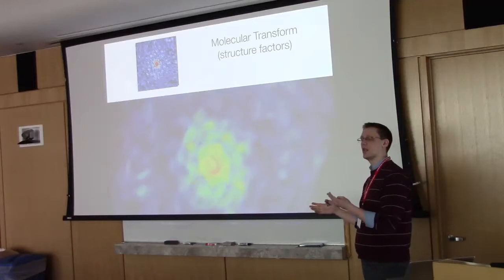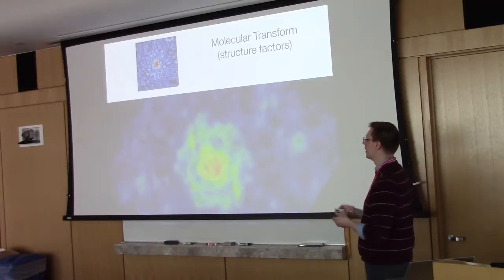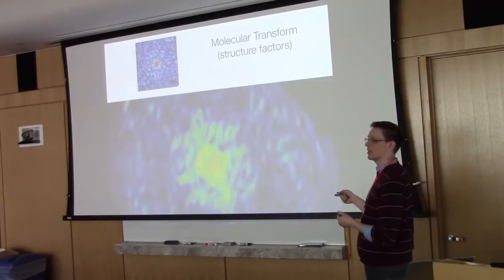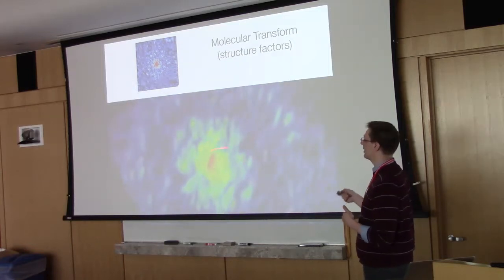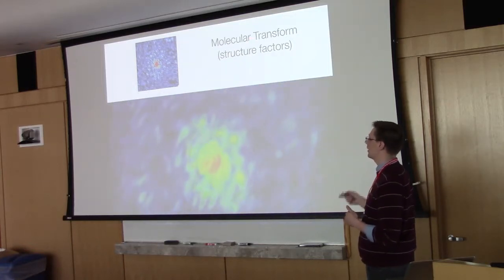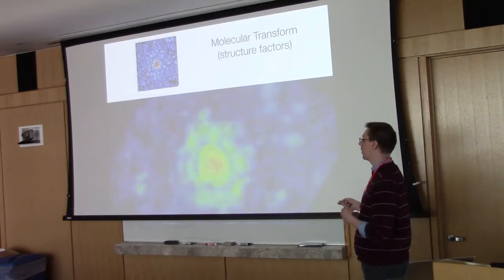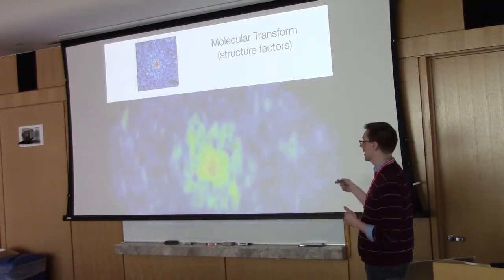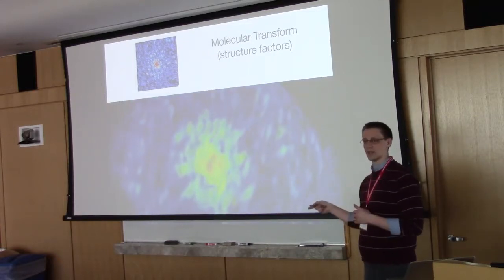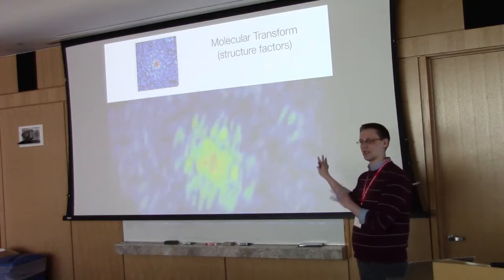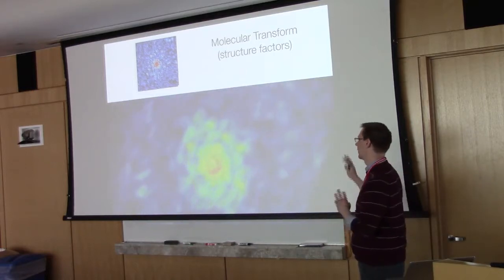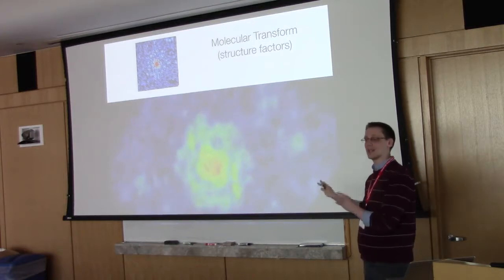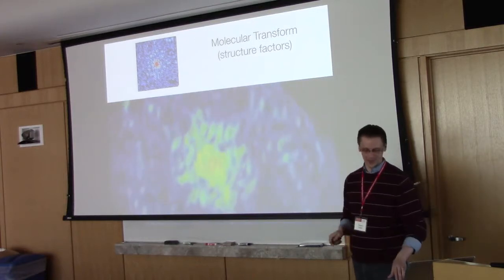So if you took the electron density function and you calculated a Fourier transform, you would end up with this. What I'm showing here are actually the intensities, but in reality, the molecular transform structure factors is a complex function where it's got amplitudes and phases at every point in 3-dimensional reciprocal space, okay? So this is what reciprocal space looks like for lysozyme. For your protein, it looks something similar.